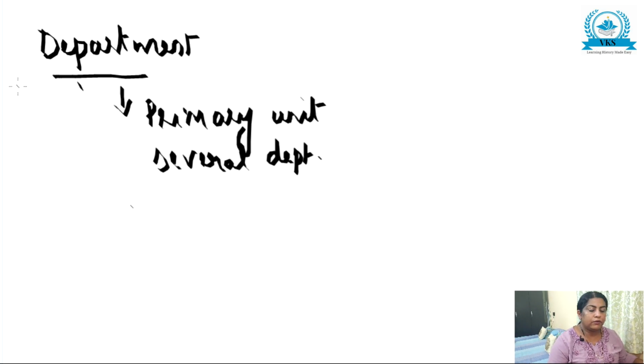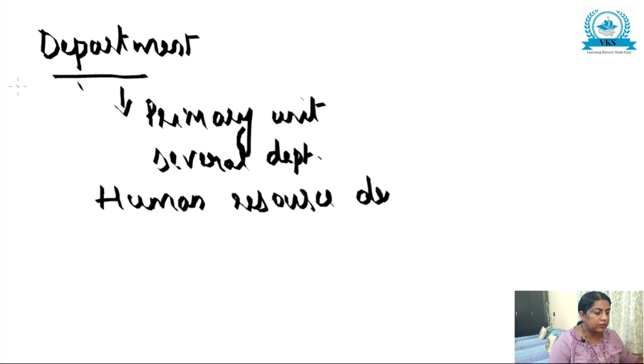For instance, the Human Resource Development ministry is divided into two departments.